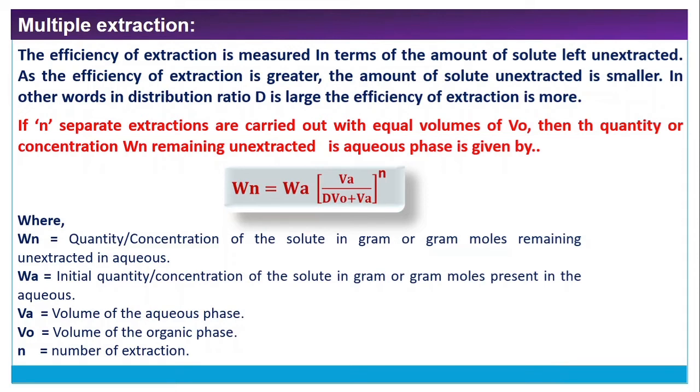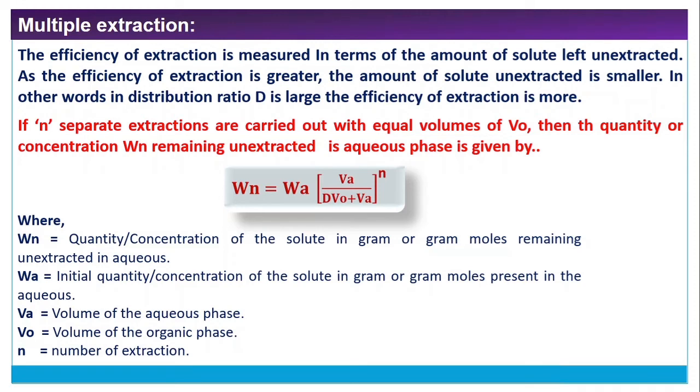Wa is the initial quantity or concentration of the solute in gram or gram mole present in the aqueous layer. Va is the volume of aqueous phase, Vo is the volume of organic phase, and n is the number of extractions.